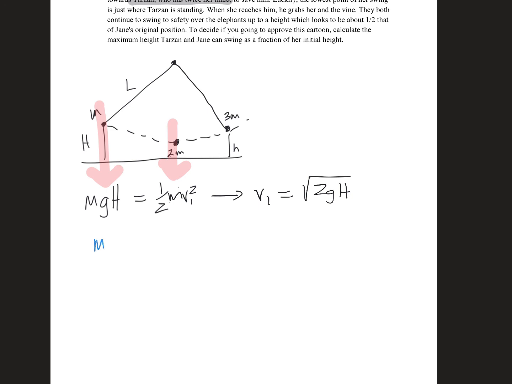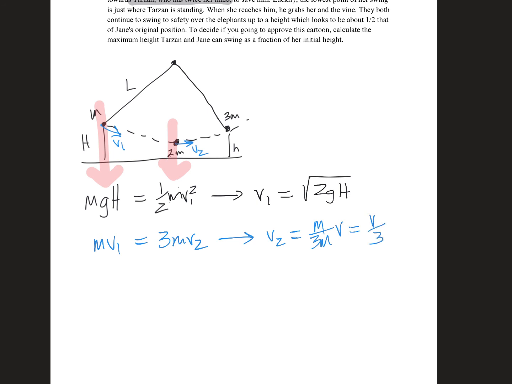The momentum piece of the puzzle, mv1, will equal 3mv2. So here is v1, here will be v2. All right. So in black we conserve energy. In blue we're conserving momentum. So this means v2 is just going to be m over 3m times v, or v over 3.